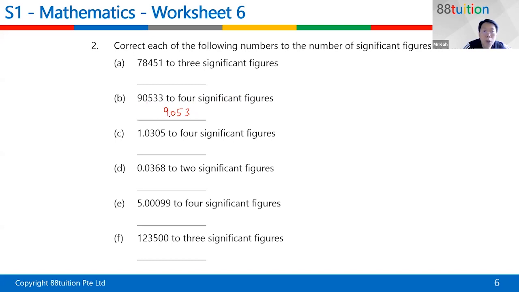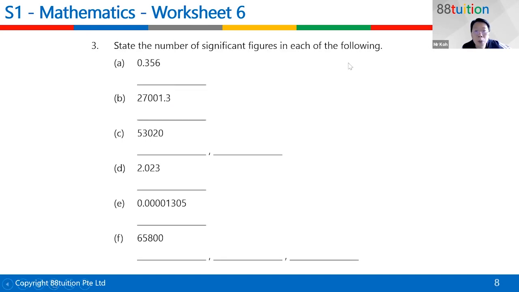So you actually reduce it to 9,000. So you put a zero behind. When you put a zero behind it, it can be optional whether you count it as one more significant figure or not at all. So in this case, it is still four significant figures. Okay? All right, very good. All of you learn very fast. All right.